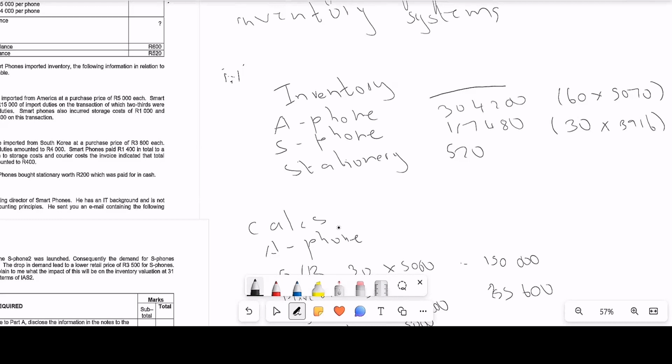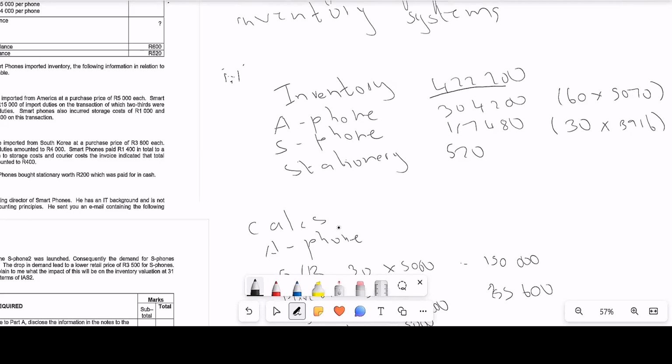So when we add all of this up together, it's going to be 117,480 plus 304,200, which gives us 421,680.